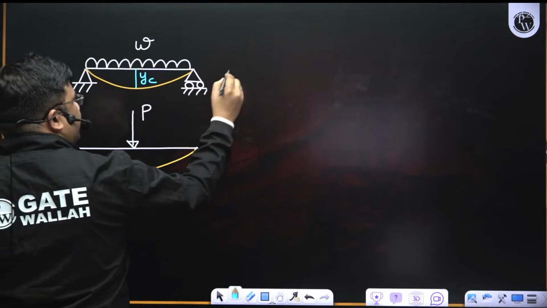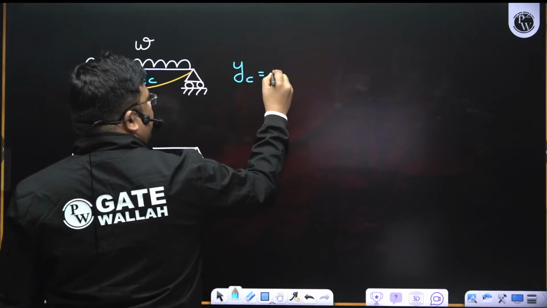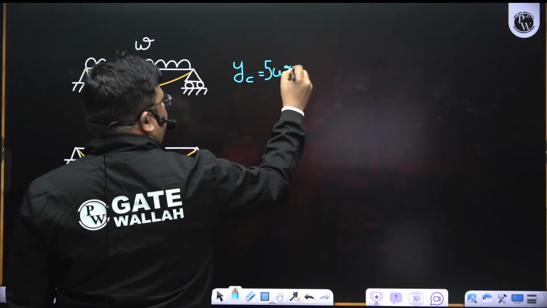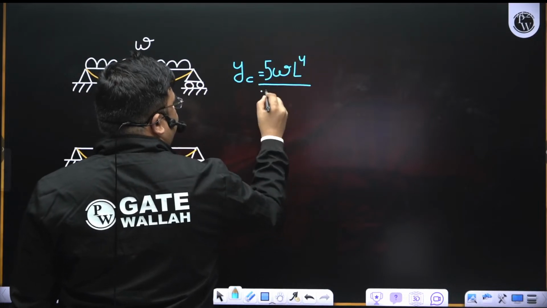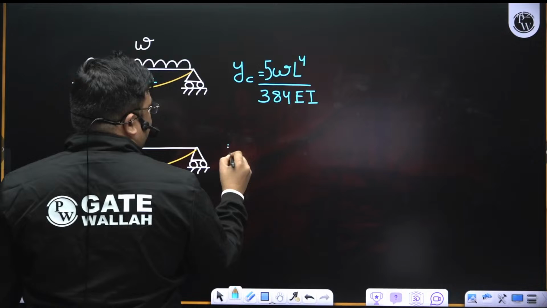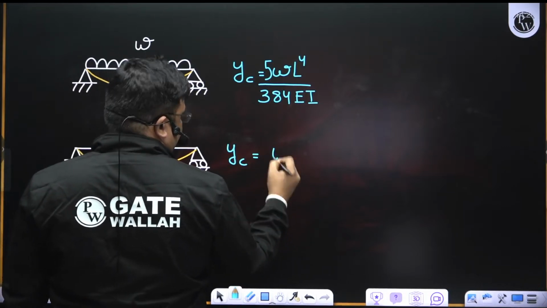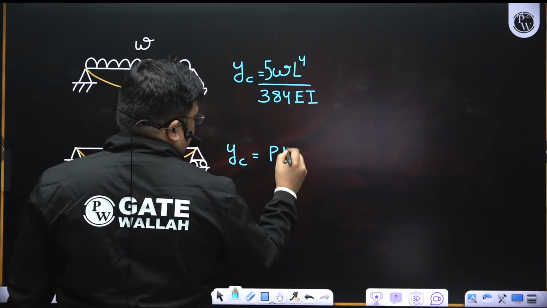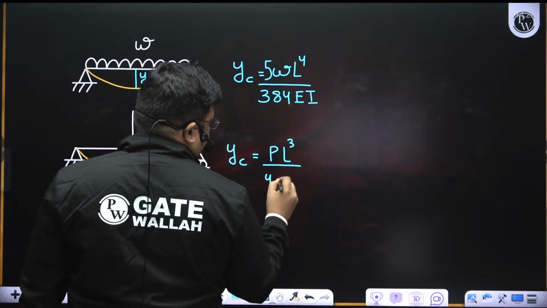You see here the central deflection is 5WL4 by 384 EI. Here the central deflection is PL cube by 48 EI.